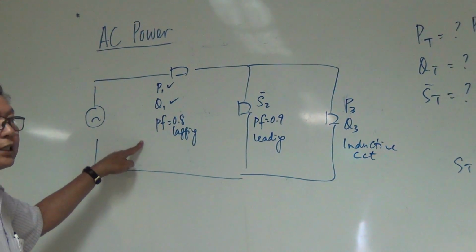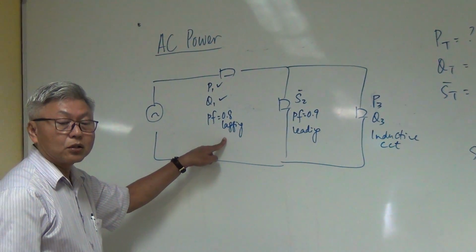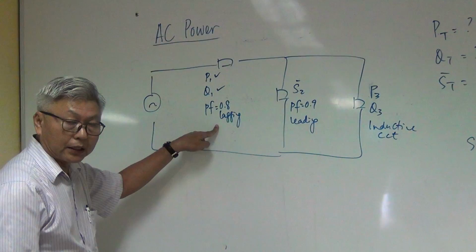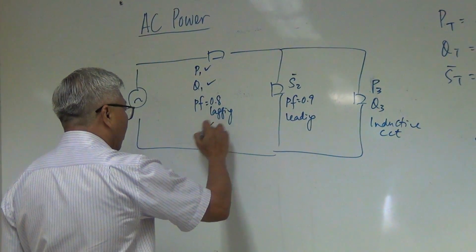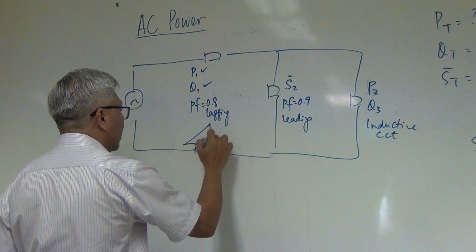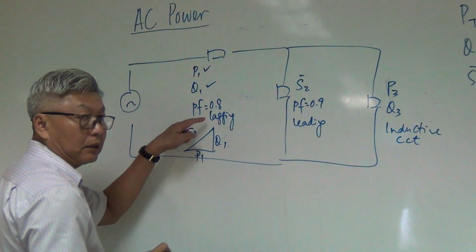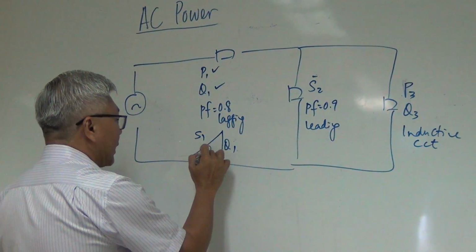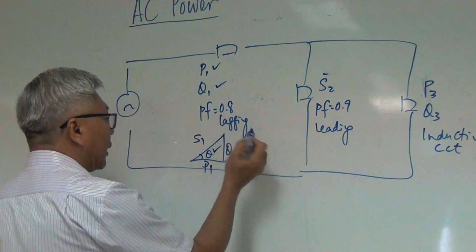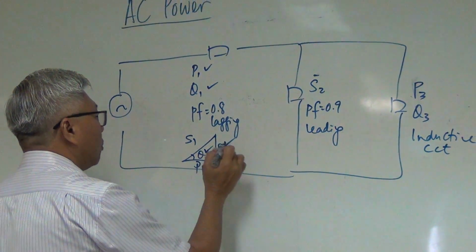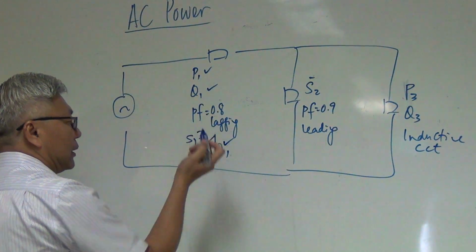So if you are given this information, the power factor is lagging. So power factor lagging is an inductive circuit. So the power triangle points up, P1, Q1, S1. And 0.8 cosine inverse will give you this angle. So if you know the angle, you know Q1, you know P1, you can find S1 easily.